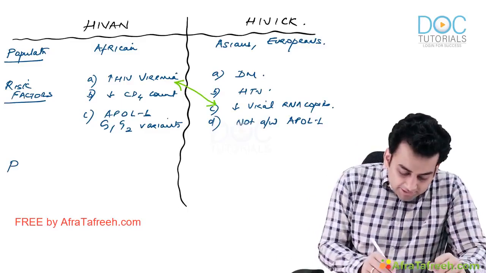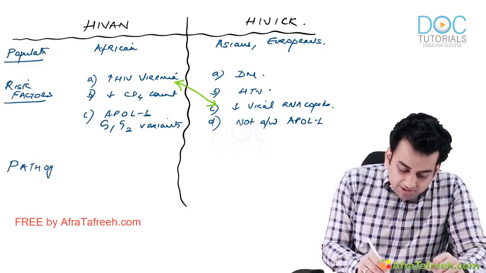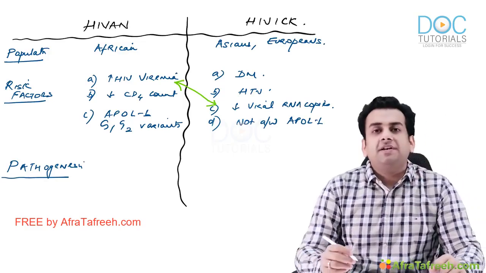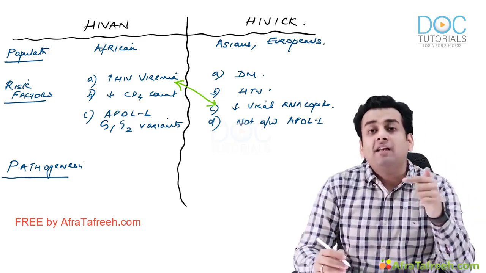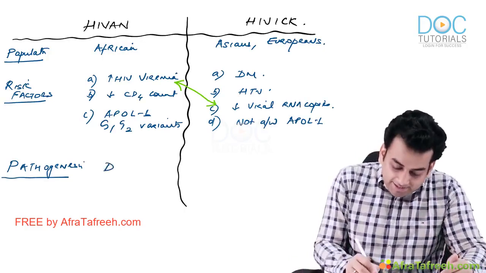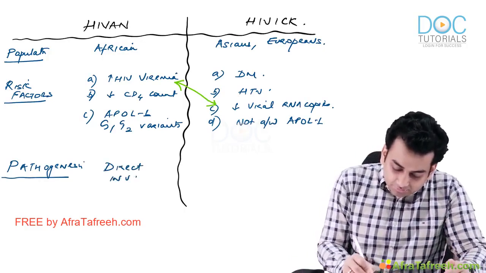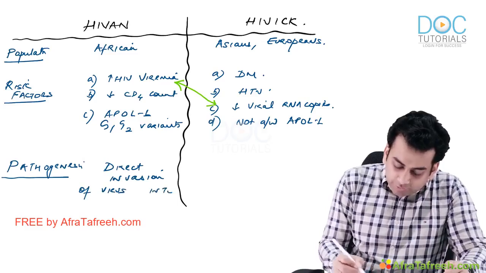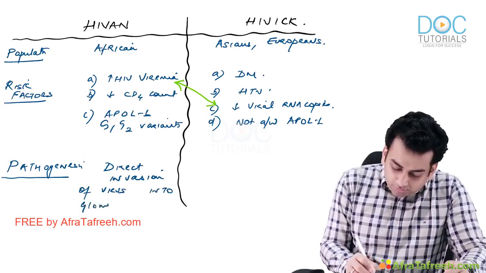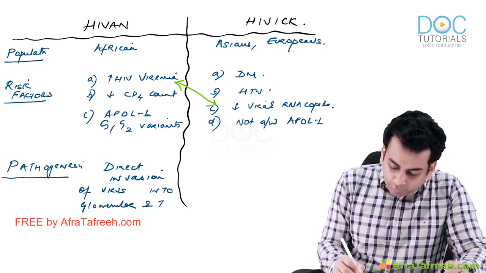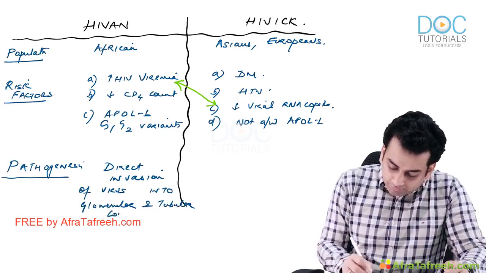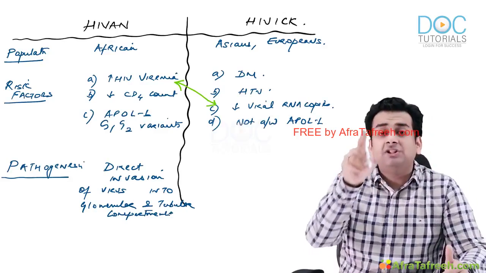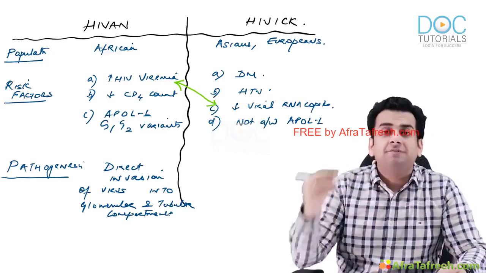Now, what is the pathogenesis of HIVAN? Because it is associated with increased viral copies, there is direct invasion of the virus into the glomerular and tubular compartments. So it is basically a direct invasion of the HIV virus itself.